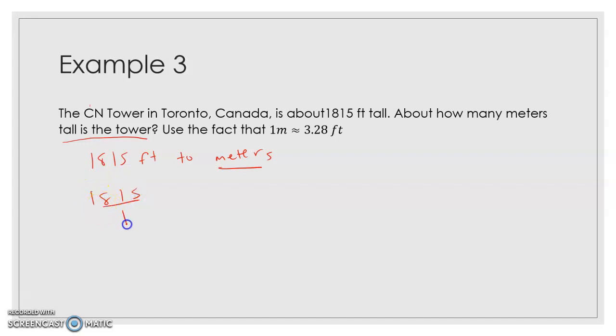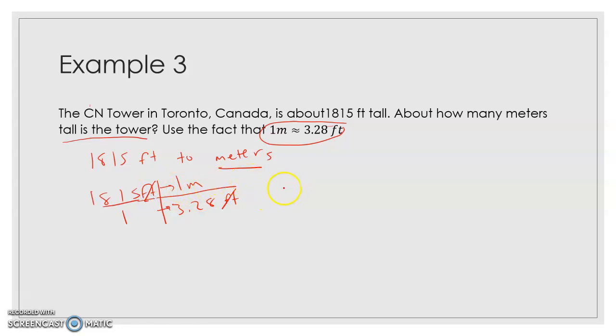over 1. All right. And this is feet. And I want to eliminate feet. So I'm going to use this conversion factor they give us here. I need to eliminate feet, so feet has to be on the bottom over here. 3 and 28/100 feet. I'm going to go 1 meter up here. When I multiply straight across, my conversion factor of feet is going to disappear.